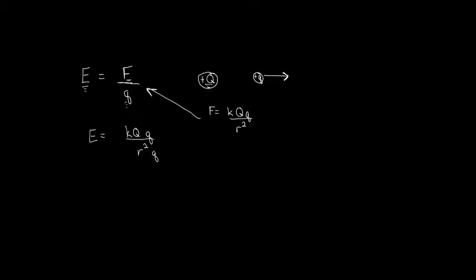That's my force divided by my test charge. When I do this, my test charge cancels out, and my electrical field is all created by the big charge that's creating my field. E equals K times big Q over R squared.